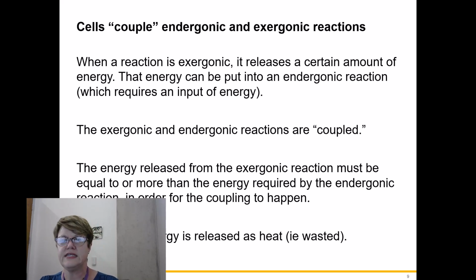When a reaction is exergonic, let's say it's releasing 10 units of energy, that energy is released, but the cell can then direct it into an endergonic reaction, which requires 10 units of energy.